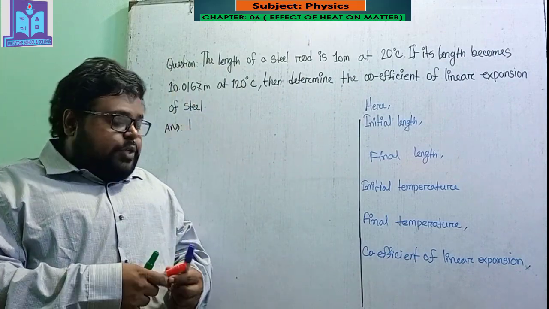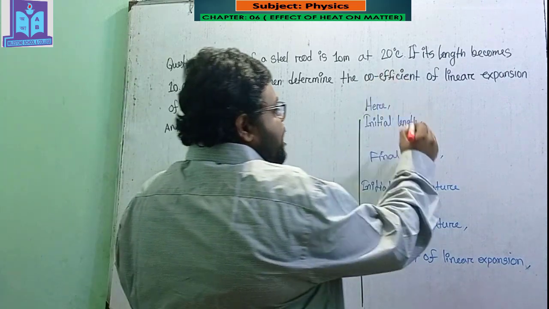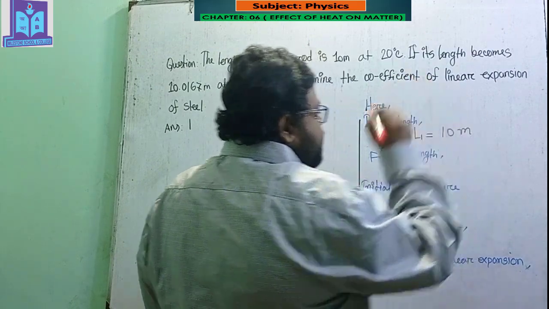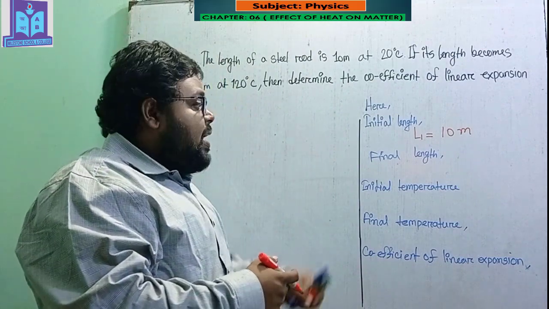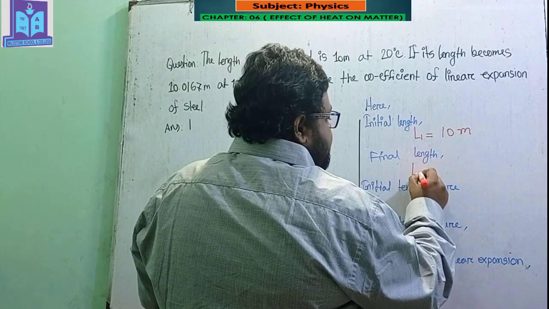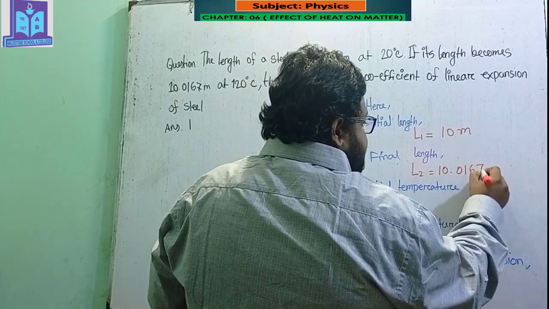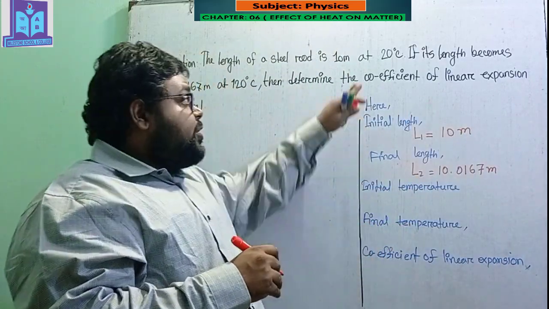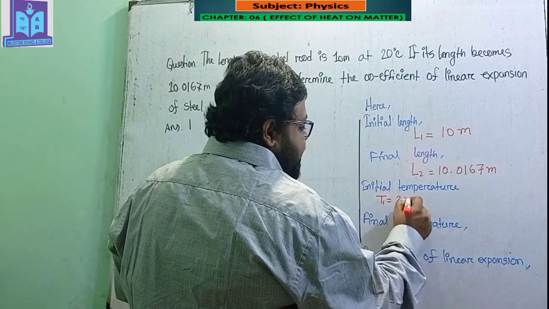Here the given values are the initial length L1 equals 10 meter, and the final length after increasing the temperature, L2, is 10.0167 meter. The initial temperature T1 equals 20 degrees Celsius.